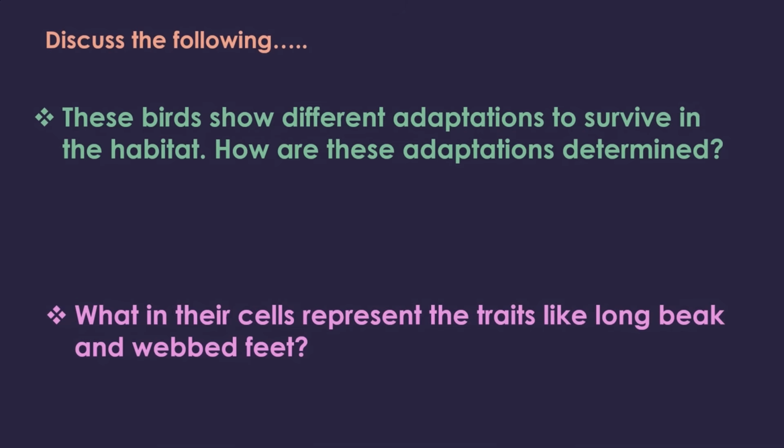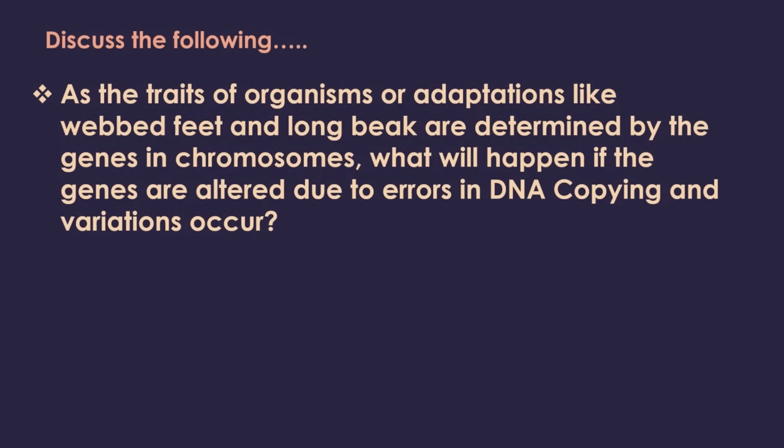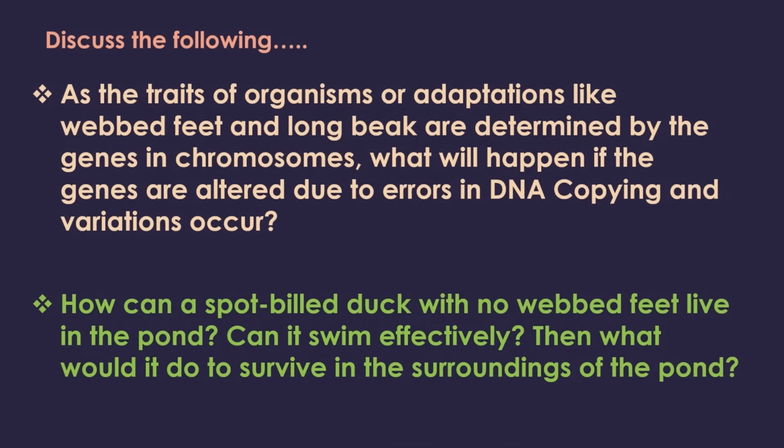The students will answer that the genes in DNA or chromosomes are responsible for adaptations like a long beak or webbed feet. Now the question is, as the traits of organisms, or adaptations like webbed feet and a long beak, are determined by the genes in chromosomes, what will happen if the genes are altered due to errors in DNA copying and variations occur? What will happen?